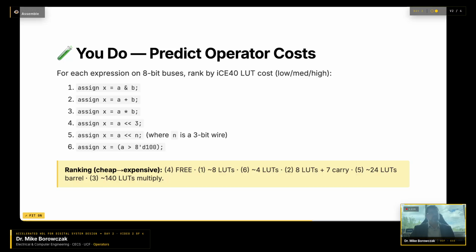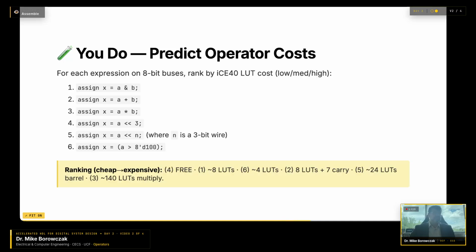Again, you don't need to know the LUT numbers at this point, but if you have that general ranking, with 4 being the cheapest, followed by 1 and potentially 6, then 2 costing some LUTs and carries, followed by 3 and 5 being the other expensive ones, that's what we really want you to get.